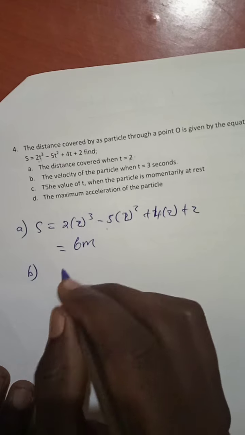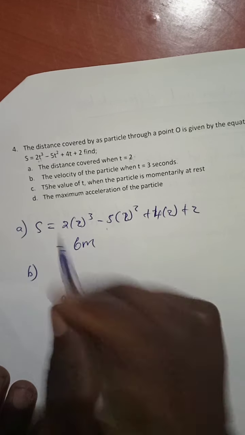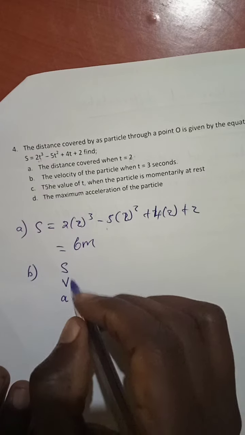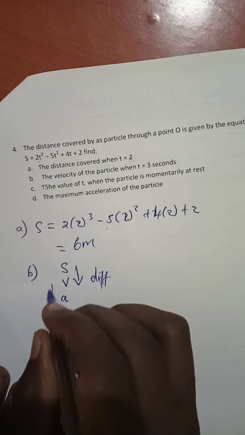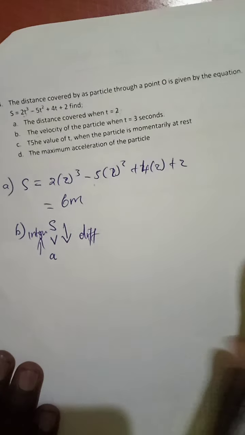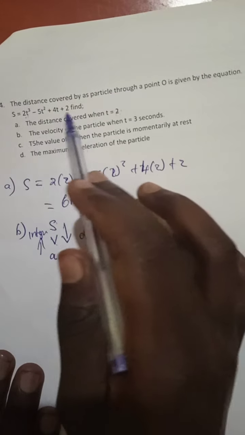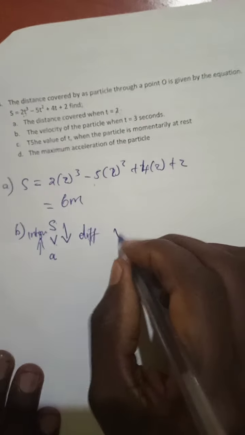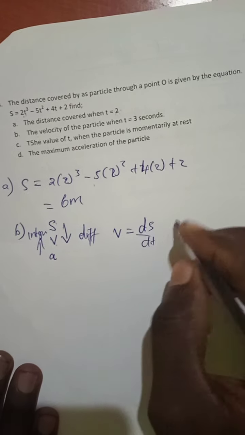Remember, we normally have a summary formula: from S you go to velocity, then you go to acceleration. If you have S, you go to V. When you're moving down, you are differentiating, and the opposite, moving up, you are integrating. So we are moving from S to V, therefore we are differentiating once. Velocity is the derivative of S with respect to t.